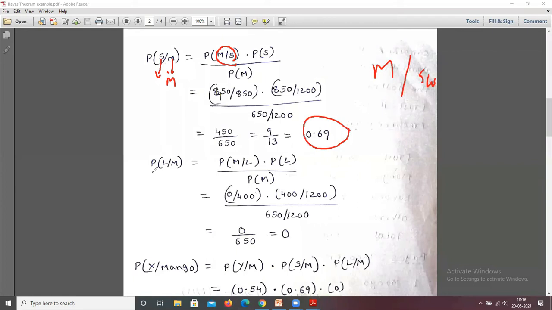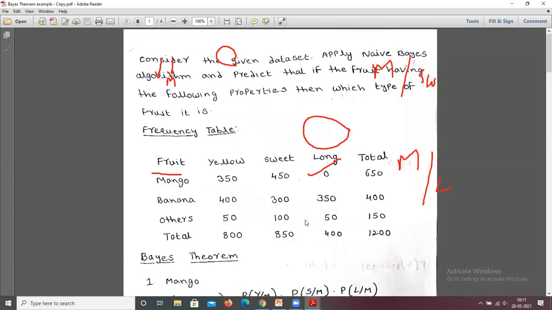And similarly, probability of L by M equals probability of M by L into probability of L by P of M. Here, M by L, mango by L. What is the total here? The total is 400, but the mango count is 0.